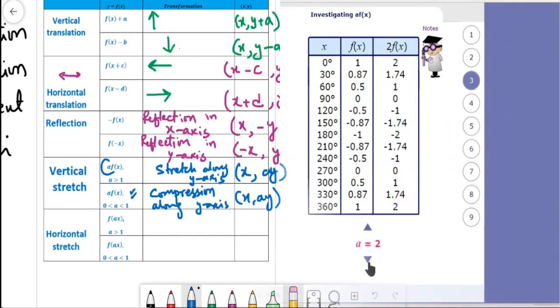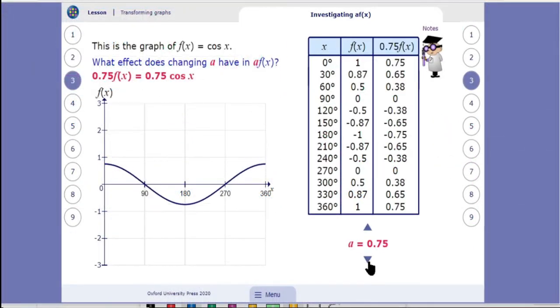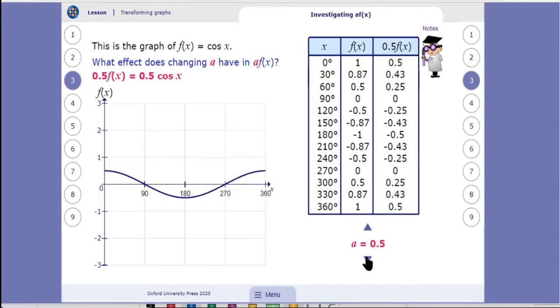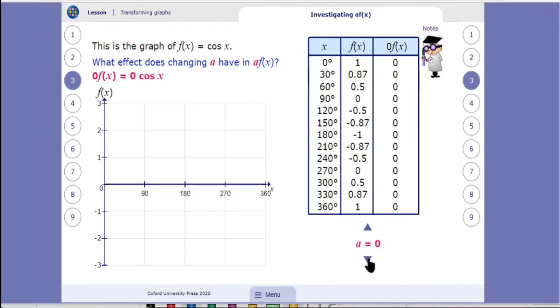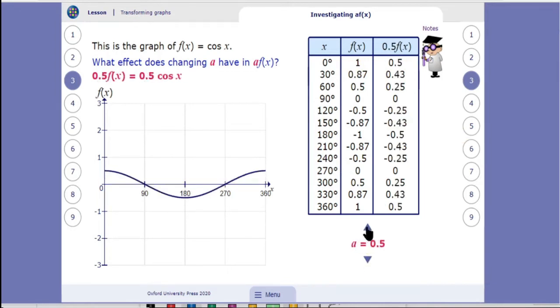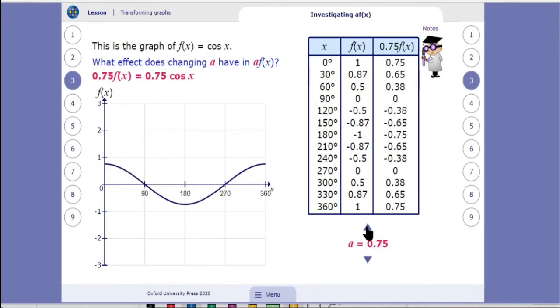All right, let's see a few more values of a. Let's see we have 0.75 times f of x. The values are being multiplied. Again, the relation is one of multiplication. So you can see that the graph is being compressed vertically. Let me bring it back to the original one.